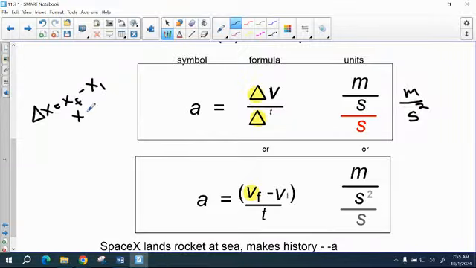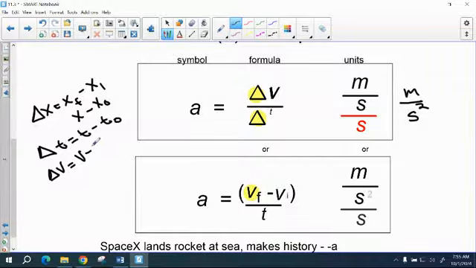Sometimes we'll write it like x minus x0. Same thing with delta t: it's going to be the final time minus the initial time. Delta v is going to be the final velocity minus the initial.